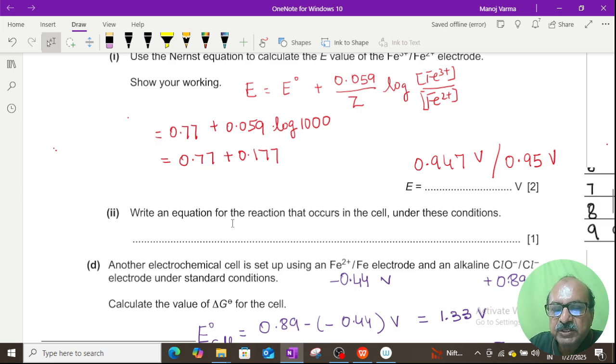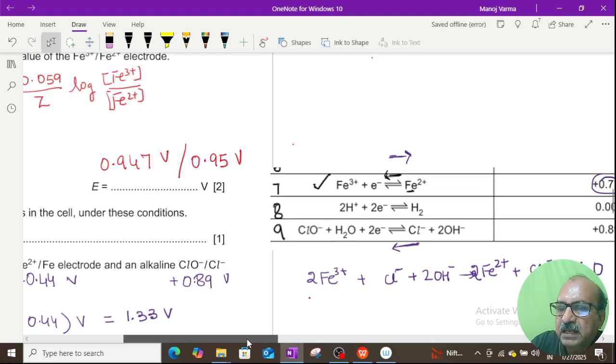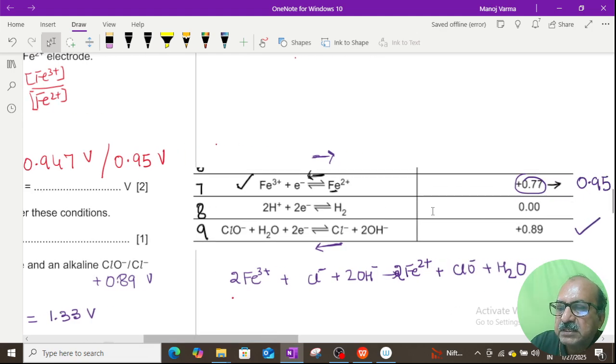And write an equation for the reaction that occurs in the cell under these conditions. Under these conditions, you have to understand that the Fe3+/Fe2+ electrode, which had a standard electrode potential of 0.77 volts, now has an electrode potential of 0.95 volts.